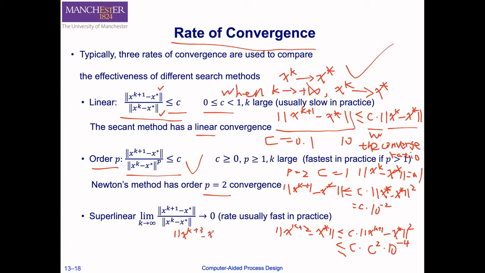Which is less than or equal to c times the error at iteration k plus 2, which is less than or equal to c times c to the 4th times 10 to the minus 8.